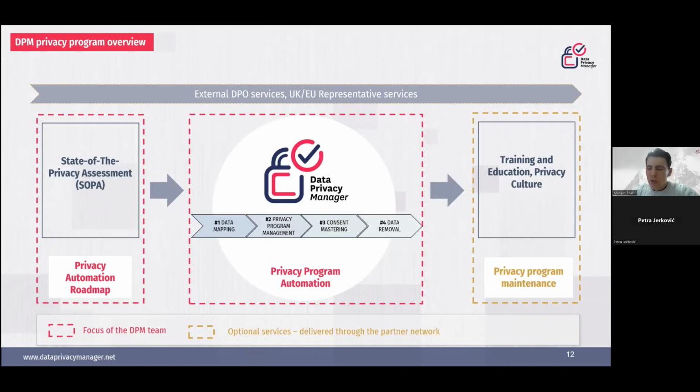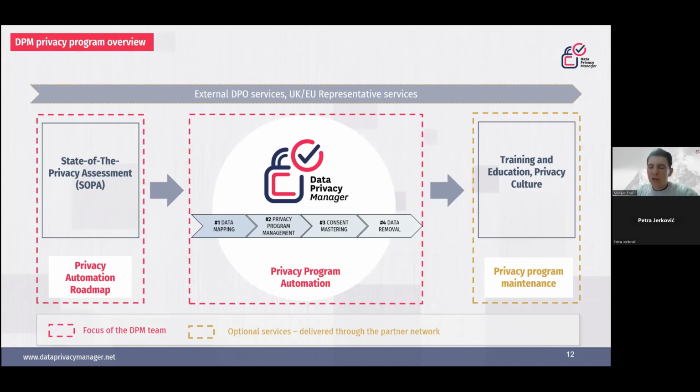Also, what we very often do with every company that we start working for is we start with the state of privacy assessment, which is a very low investment, very quickly done, but it provides you with an objective overview of how you are technically secured to be compliant with privacy regulations.